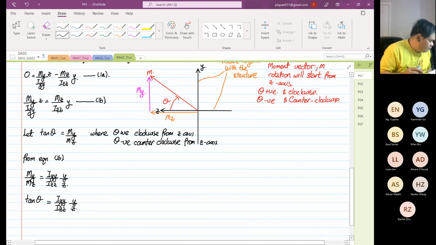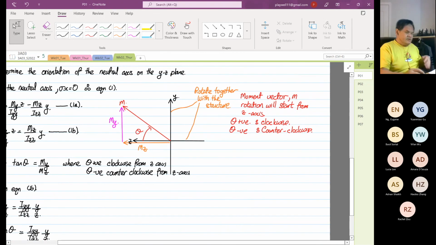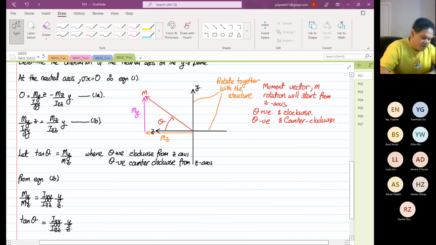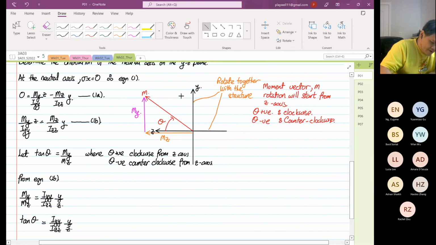From here, what we are trying to determine is the neutral axis, so I'm going to sketch it now. And this is our neutral axis.